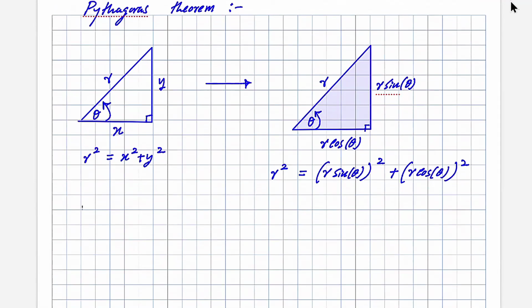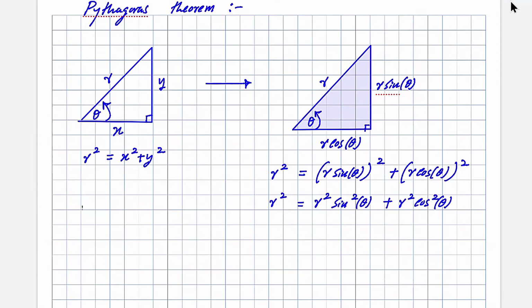Right? Yeah. So now we'll simplify this a little bit. So r squared sine squared theta. So that's the simplification of the first term plus r squared cos squared theta. That's the simplification of the second term is equal to r squared. Now in this case, what is theta, guys?